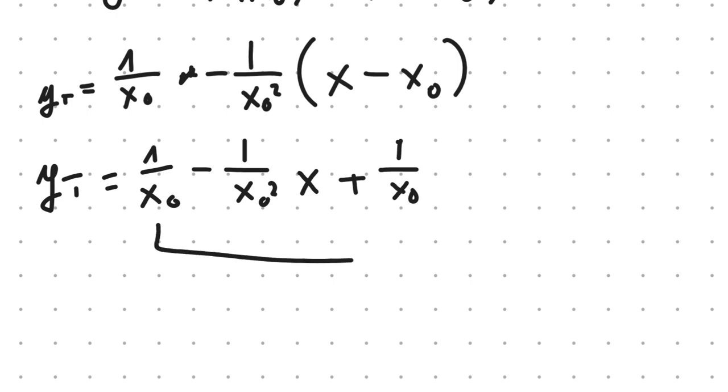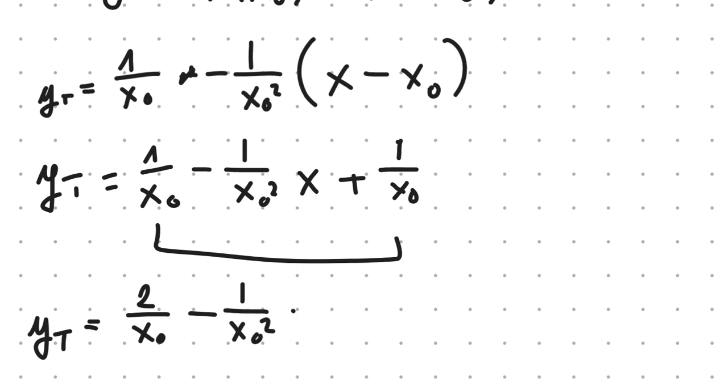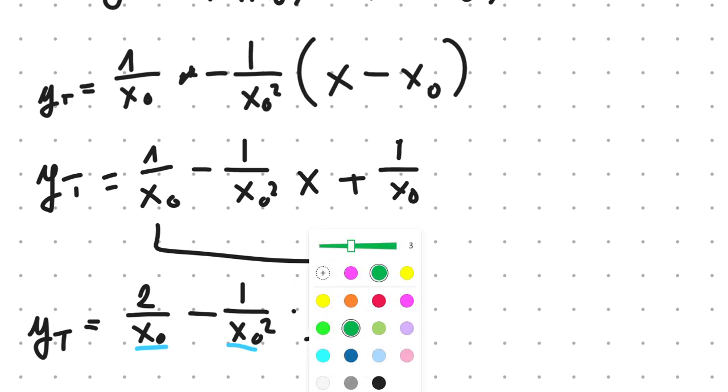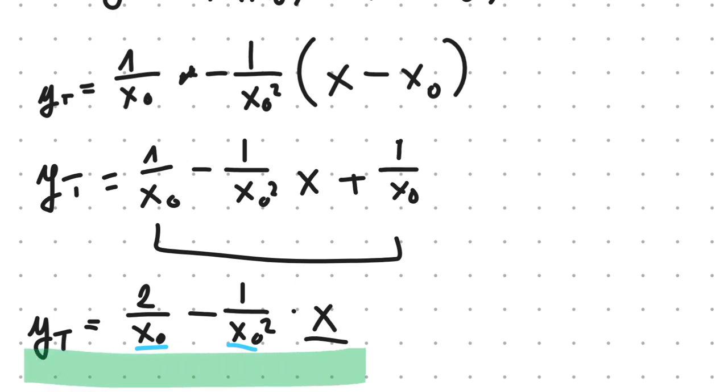And since we have two of them, we can just call it y of t being equal to 2 over x naught minus 1 over x naught squared times x. Now keep in mind that x naught is a specific point on the x-axis, so it's a specific number, and x is the variable. This is kind of tricky, so please keep this in mind.